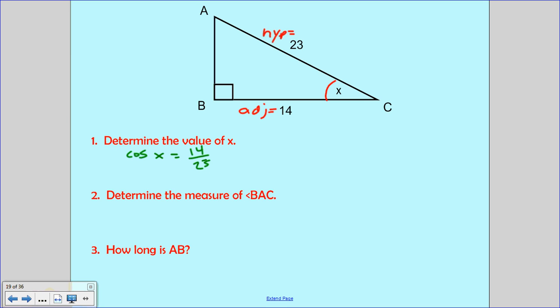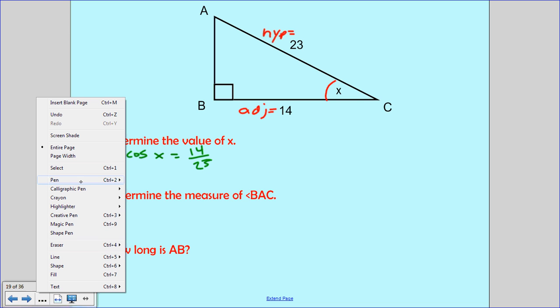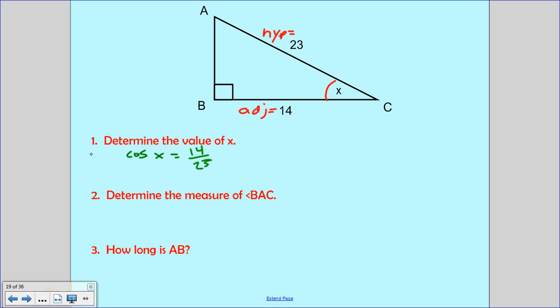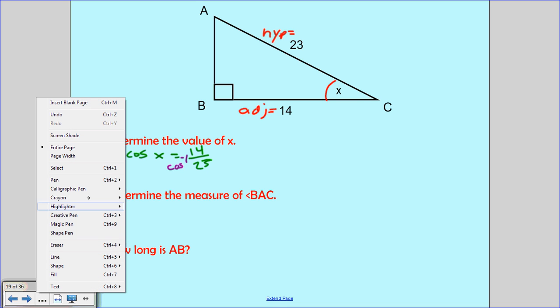Now, if you want to find x, which is the angle, and isolate x, you're going to have to apply the inverse of cosine to both sides. So cosine inverse. The cosine inverse is going to cancel out the cosine, because that's what inverses do.